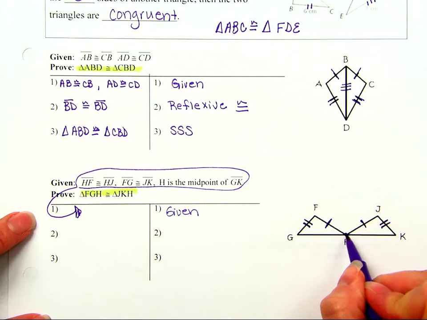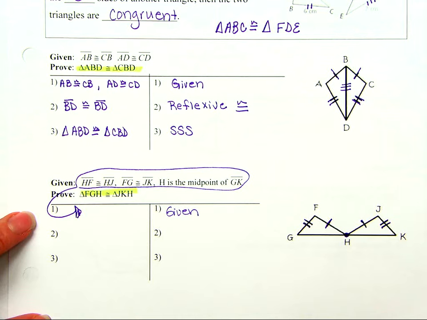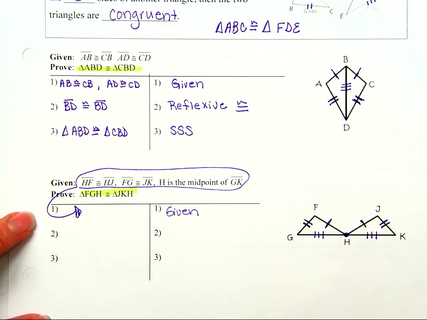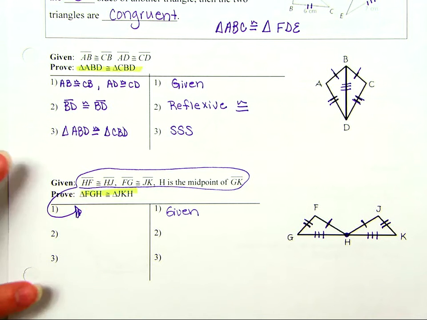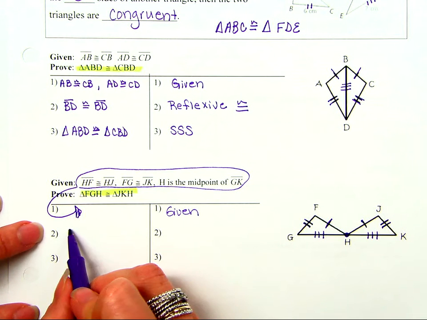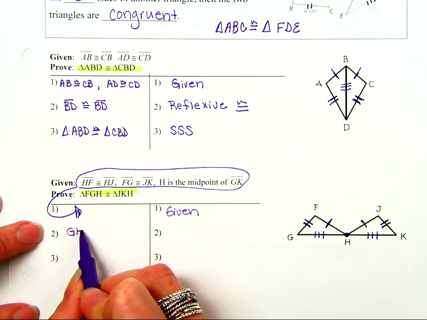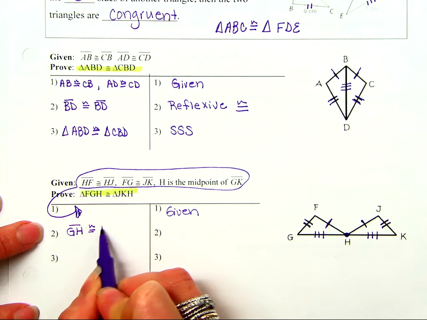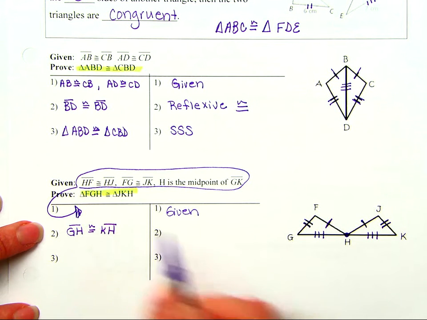So here, point H, my midpoint. Well, I know if my segment has a midpoint, it splits it into two equal parts. So I can go ahead and mark those segments congruent. If I make that marking of those segments congruent, I need to make that statement in my proof. So I need to state that GH is going to be congruent to KH.